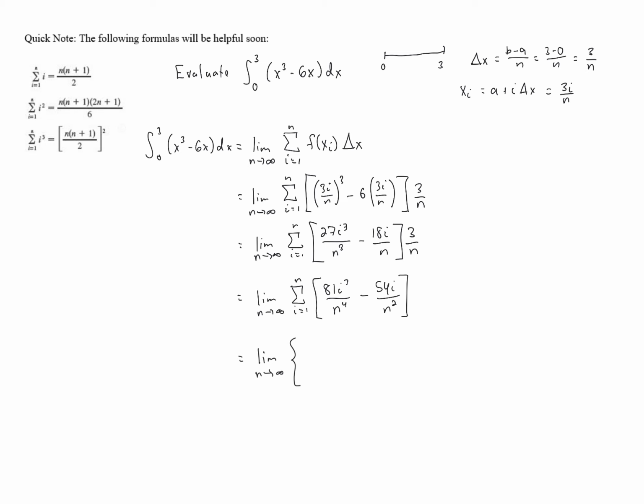I'm going to use squiggly braces here just so we can put everything on the inside. And then that's going to be the limit of this difference of two sums from 1 to n of 81i cubed over n to the 4th minus the sum as i goes from 1 to n of 54i over n squared.